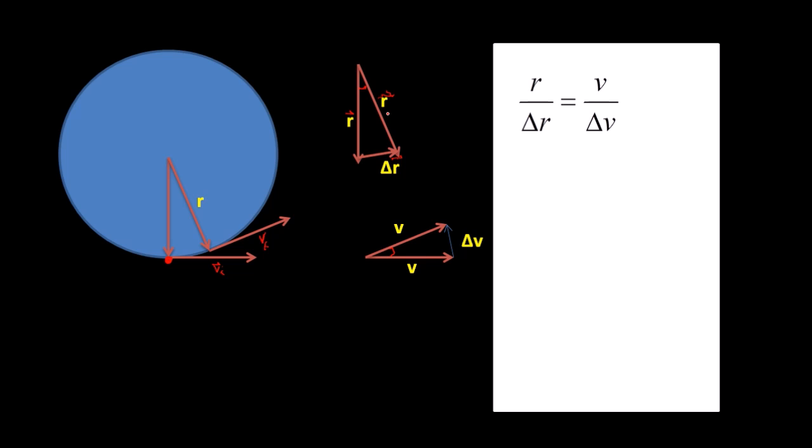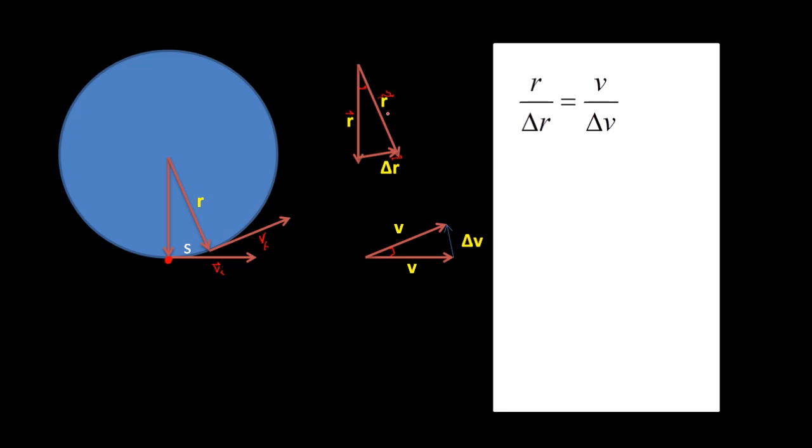So, for example, r over delta r, that would be long side over short side on one triangle, is equal to v over delta v, long side over short side on the other triangle. Okay? So that's the proportion that we're going to start with to work our way through this problem.